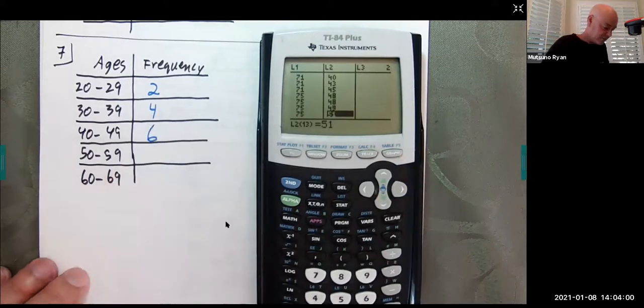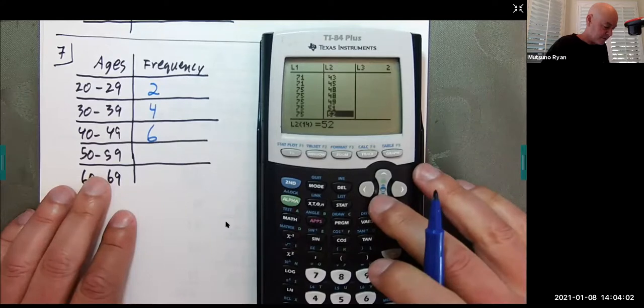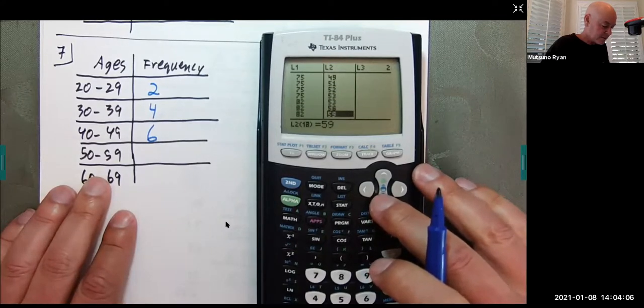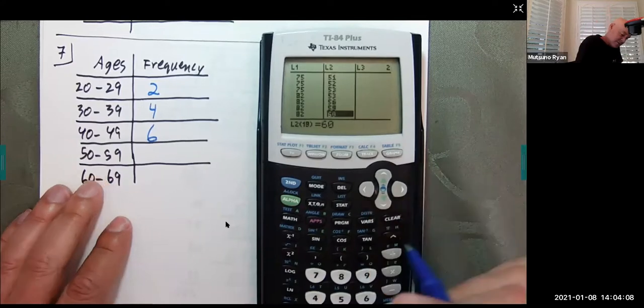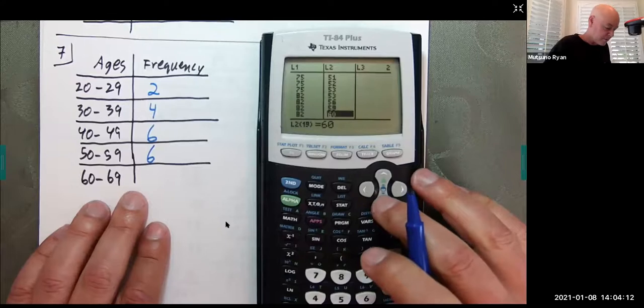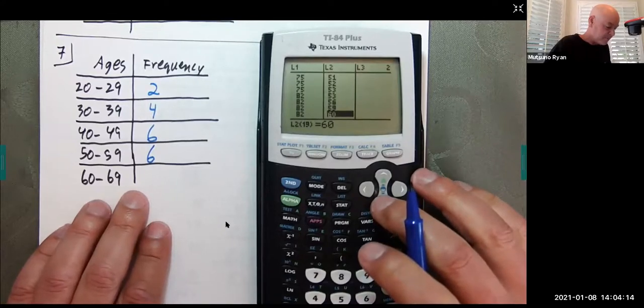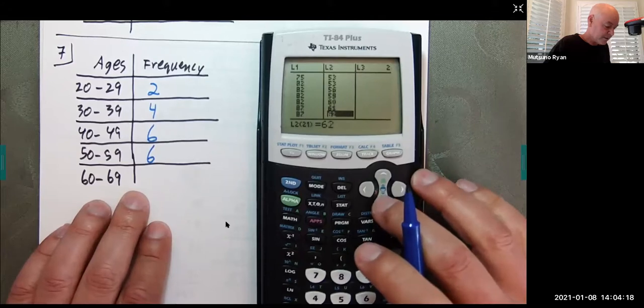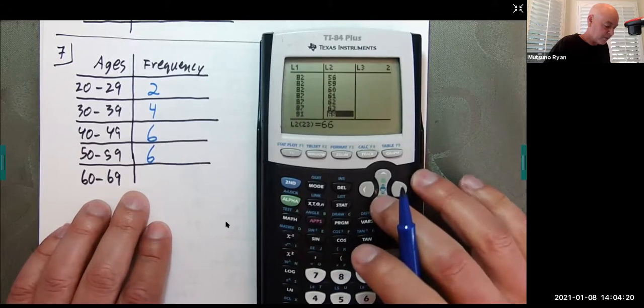In their 50s, we have 1, 2, 3, 4, 5, 6. 6. And we have in their 60s, 1, 2, 3, 4, 5, 6, 7, 8.